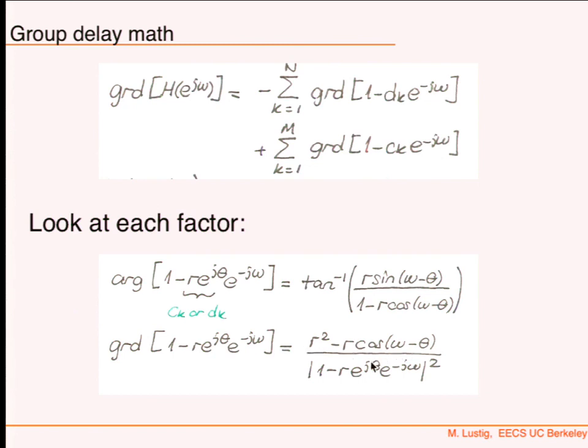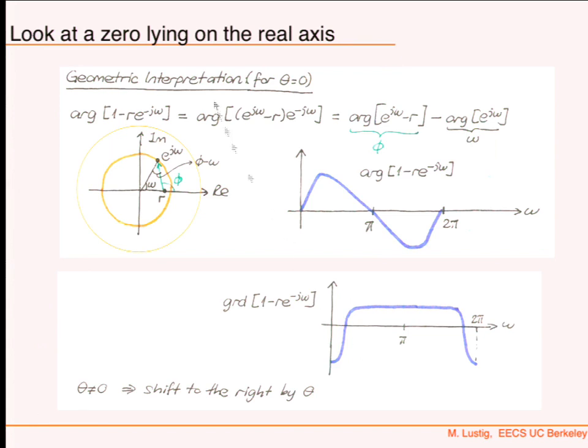This is basically the expression that's easier to derive just from simple linear algebra. But if you look at the geometric interpretation, this is what makes it a little bit more interesting. If you look at the argument of 1 - r e^(-j omega), you can also write it as the argument, and pay attention here, I'm going to take e^(-j omega) out as a factor, and then I've got (e^(j omega) - r), all that multiplied by e^(-j omega).